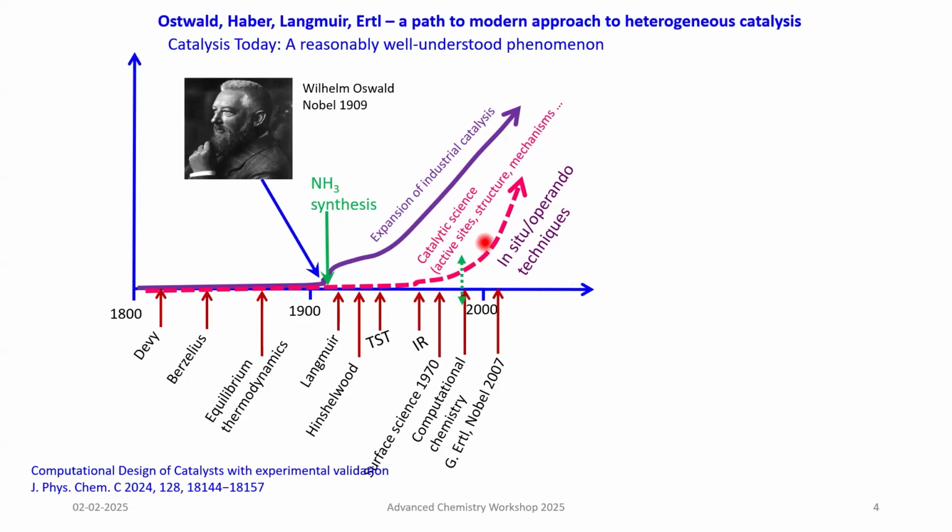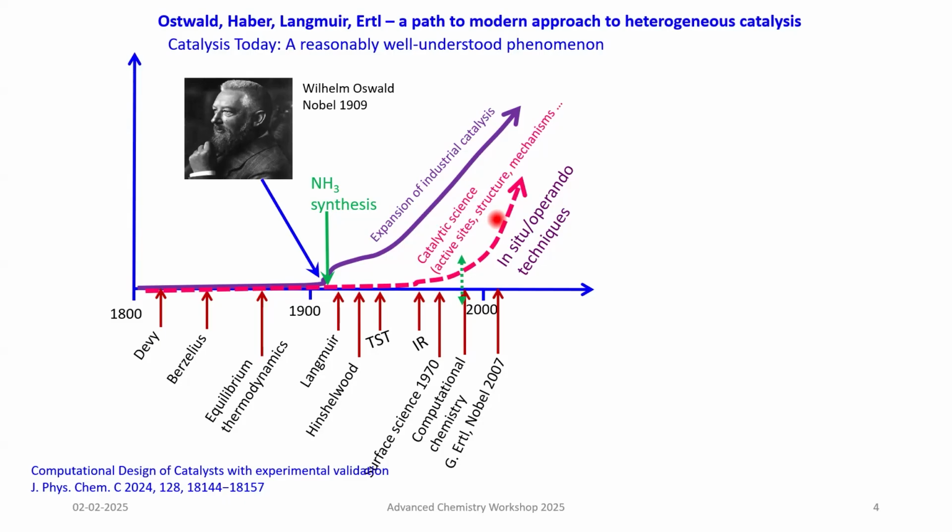Here, these active sites and all these things you study under certain conditions like vacuum. But what exactly happens is, when you prepare a catalyst and carry out the reaction, can you actually analyze the catalytic material and the species involved under the reaction conditions?